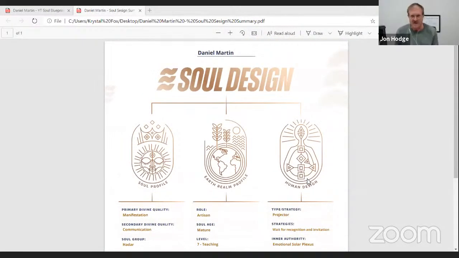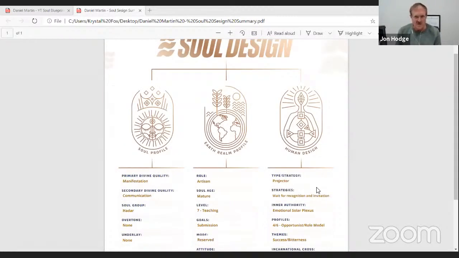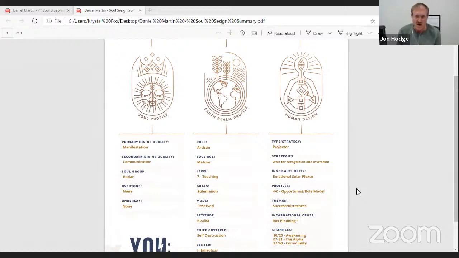All right, this is You Transform's soul design summary sheet. And you'll see we have three parts to the soul design: the soul profile, the earth profile, and the human design. All three of these components are actually ancient systems from long ago.